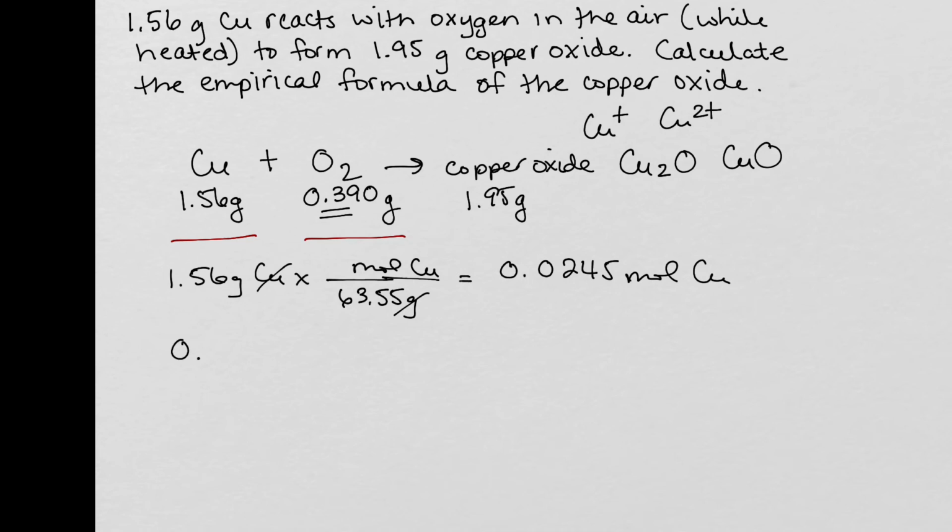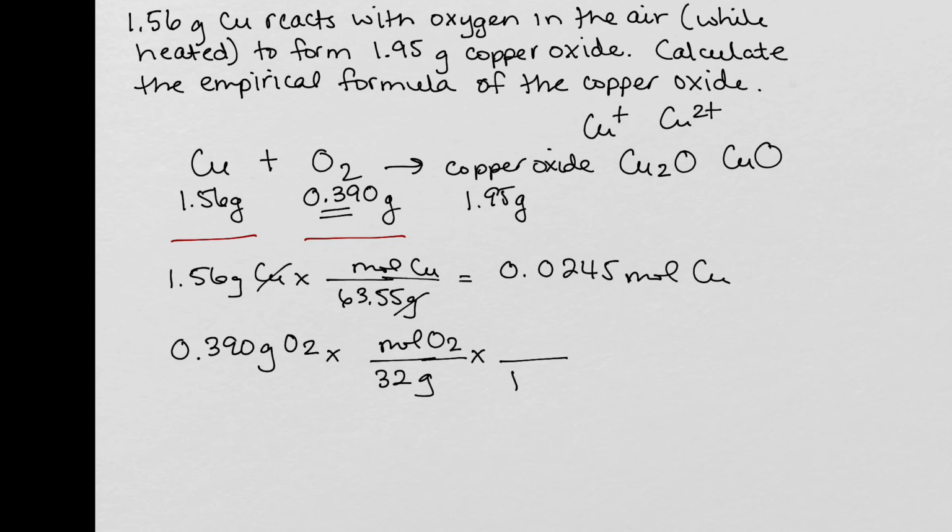So now I want to look at oxygen. I decided I had 0.390 grams of O2, and oxygen is approximately 32 grams per mole, but that is O2, and I want to look at just the oxygen, a single O that might be in my compound.